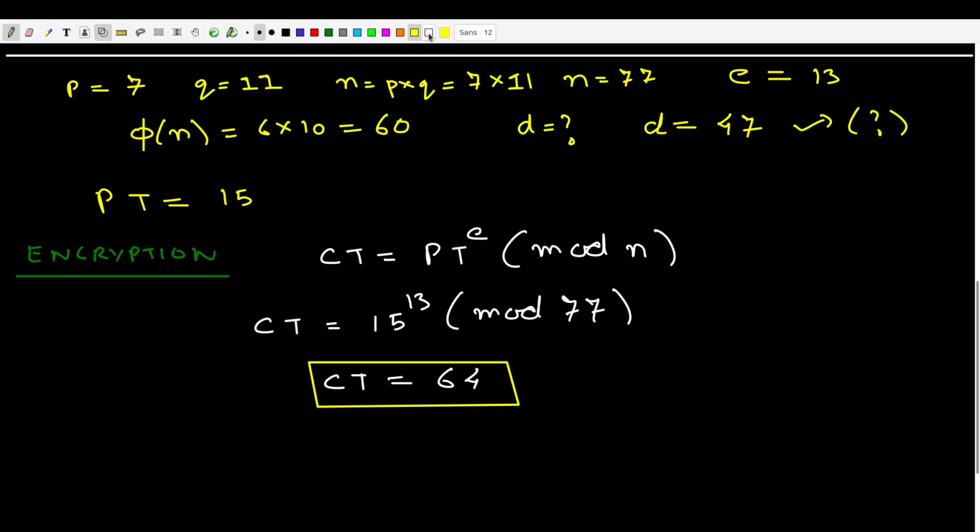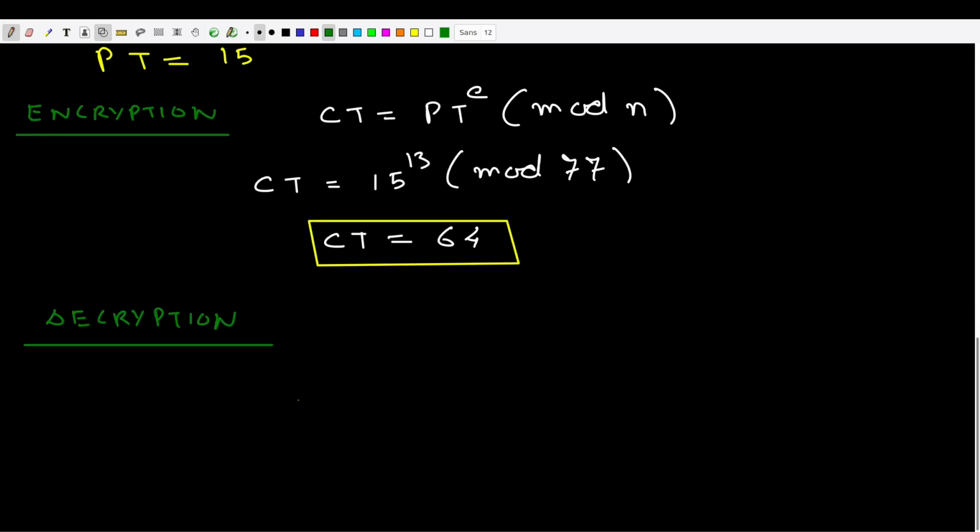Now let us look at decryption, and it is in the decryption case that our CRT will come into the picture. If you want to perform decryption, in simpler terms, plain text will be equal to CT to the power D mod n, right?